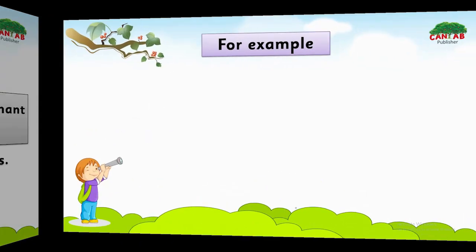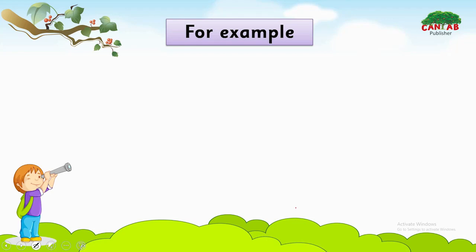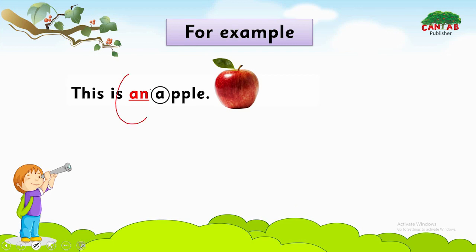Now we are going to discuss some examples in order to apply what we mentioned. First of all, this is an apple. You are hearing the sound of an. Why? Because apple has the sound of a vowel. That is why an is used.